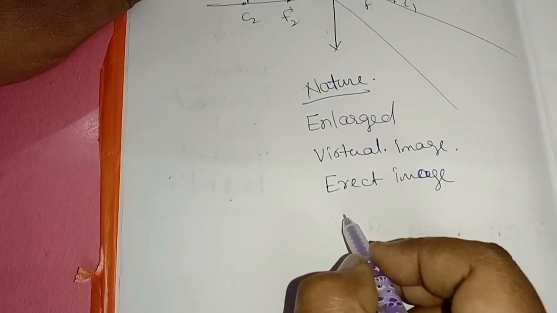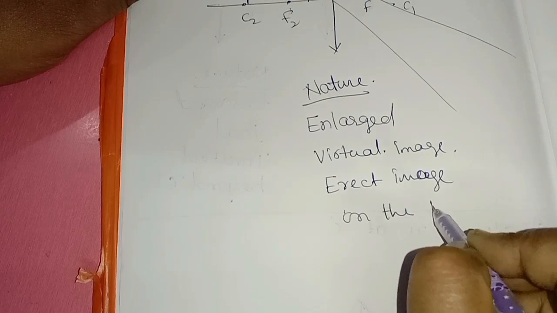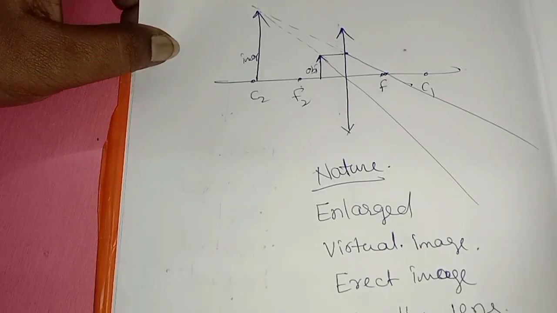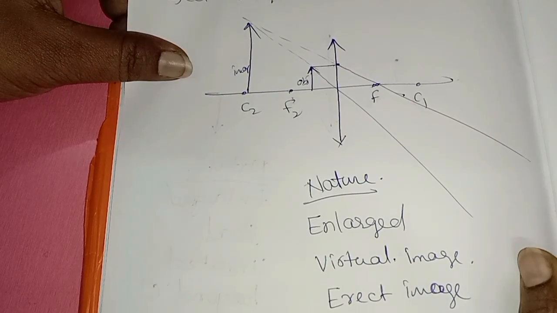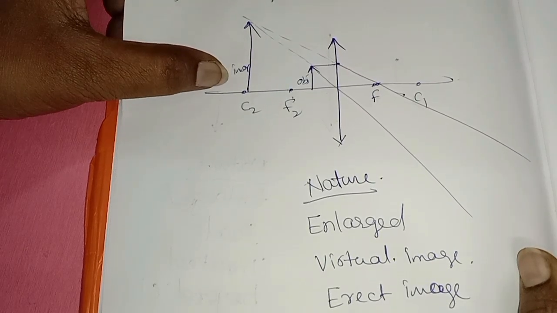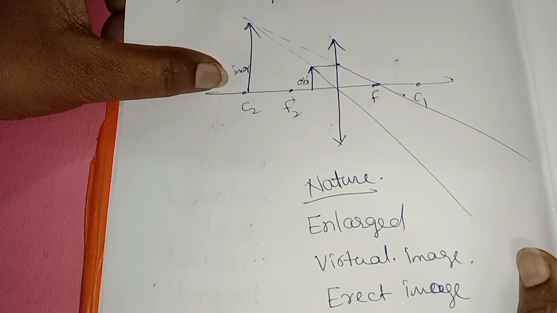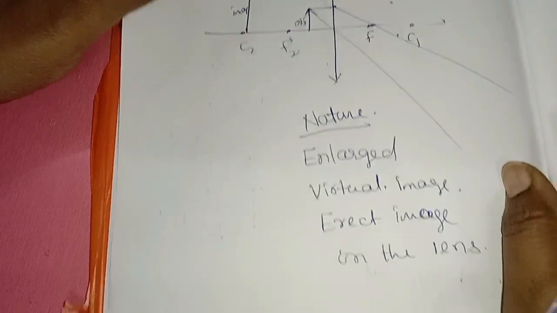And where we are getting it: behind the lens, on the lens. This is a very useful case for preparing a microscope. When the object is between P and F, we will get the enlarged image. So the microscope works on this principle only. We'll see the image on the lens only, right?